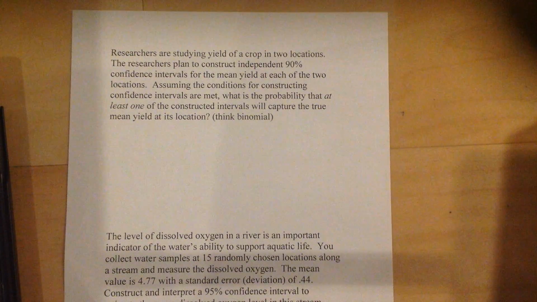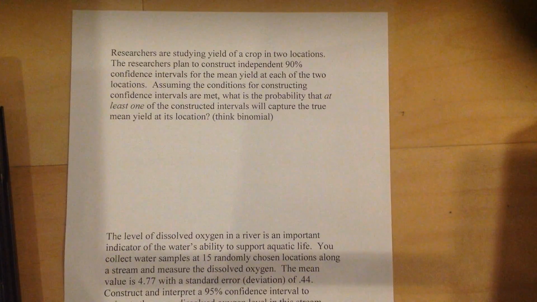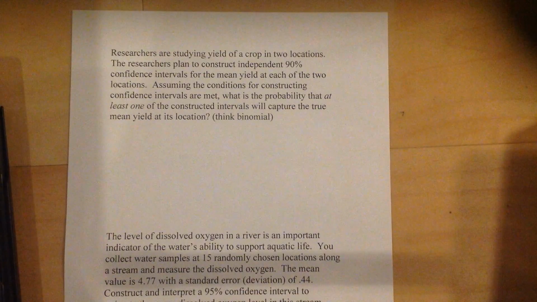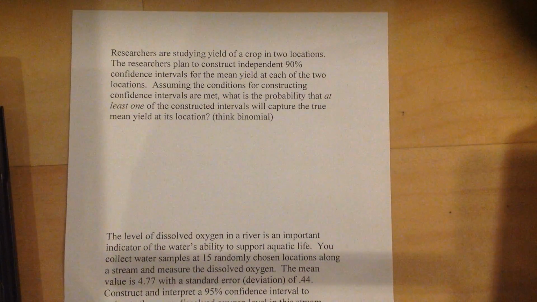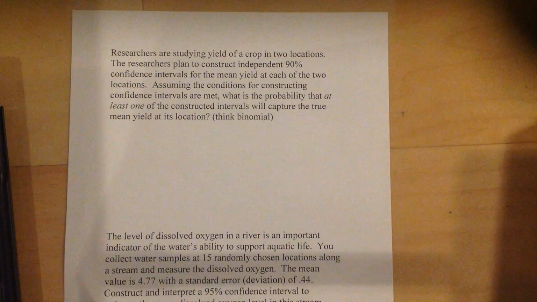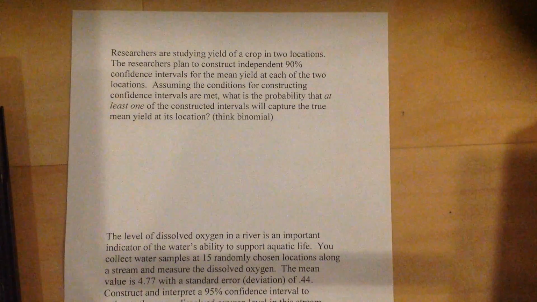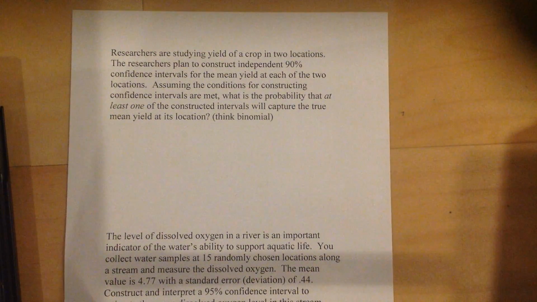My hint there is think binomial. If we think about this, 90% confidence means that when we start the process, there's a 90% chance we're going to end up with an interval that contains the true mean. So this is asking, what is the probability that at least one of those intervals will capture the true mean?